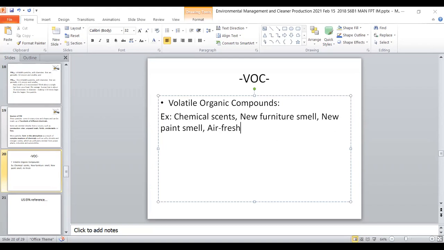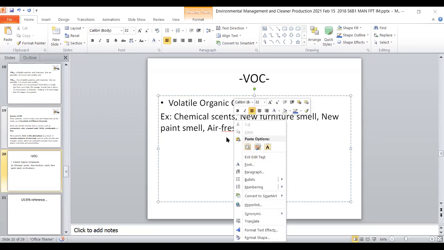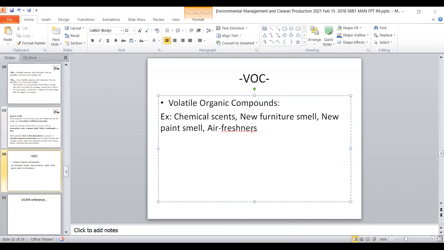Your air fresheners, made of chemicals, okay, chemical air fresheners. I think that should be all right.